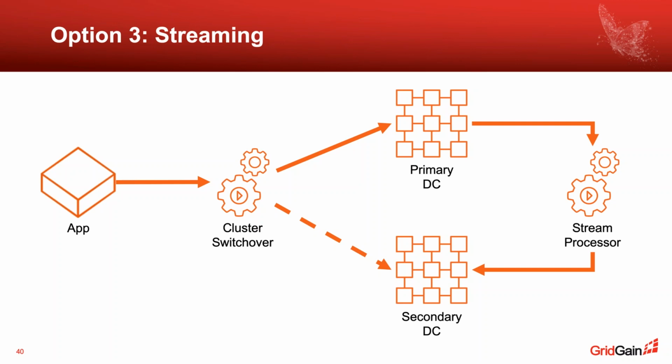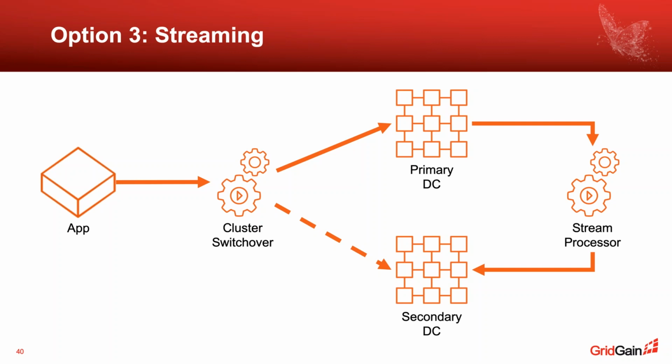With a streaming solution, we have some sort of streaming processor, a streaming connection between our data centers, and there are different options for this streaming, and we will review 2 of them shortly. And for cluster switchover, unfortunately, same as with backup solutions, there is no cluster switchover available just by setting up the streaming. So cluster switchover still needs to be implemented manually.